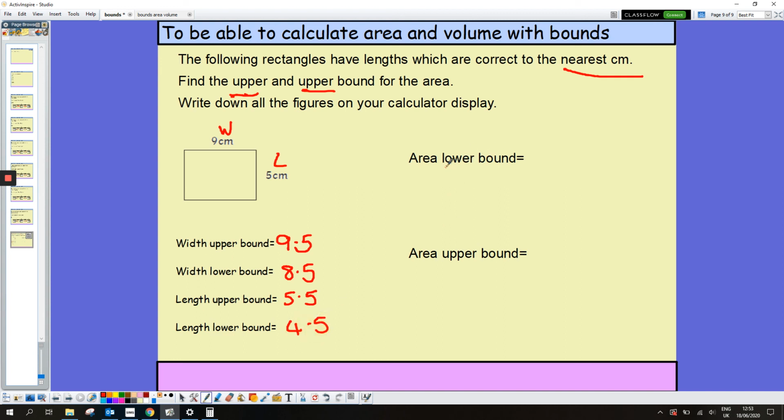Now, if I'm trying to find the lowest possible number and I'm multiplying two numbers together, that means I'm going to take the two smallest numbers possible. So I'm going to take 8.5 and multiply, because it's area, by 4.5. For the upper bound, if I want the biggest possible answer, I'm going to use the biggest two numbers available to me for the width and the length.